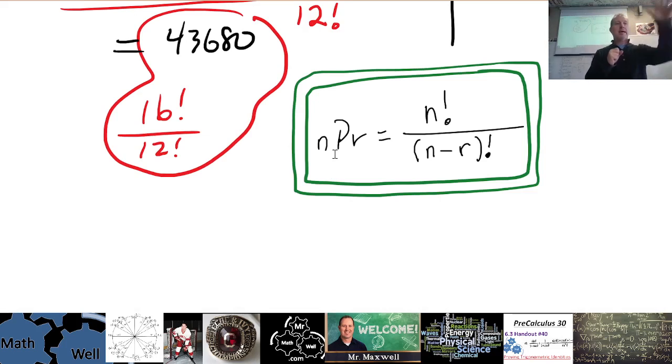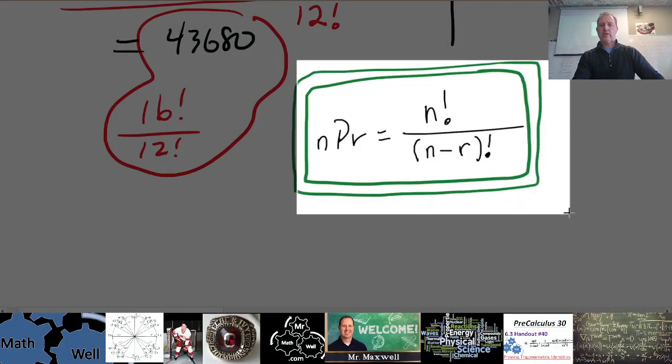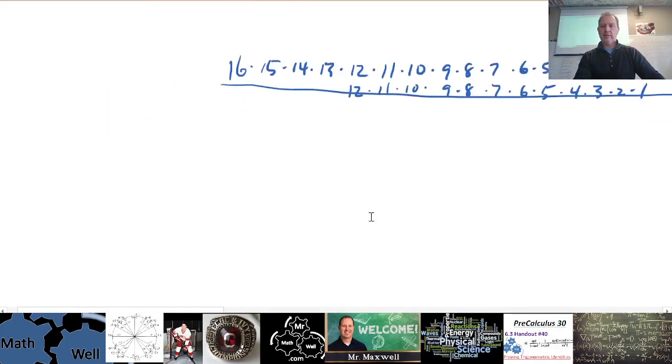You're actually purposefully picking things, so that's kind of like making an arrangement. If you have n total items and you pick r of them at a time, how many different ways could you arrange that? And so it looks like this. This is the formula. So I'll just grab that and bring it back down to the question.